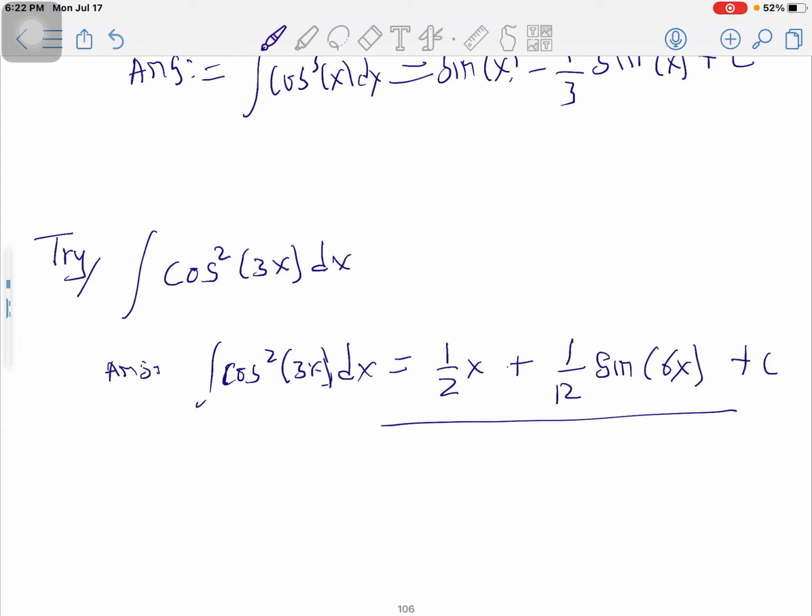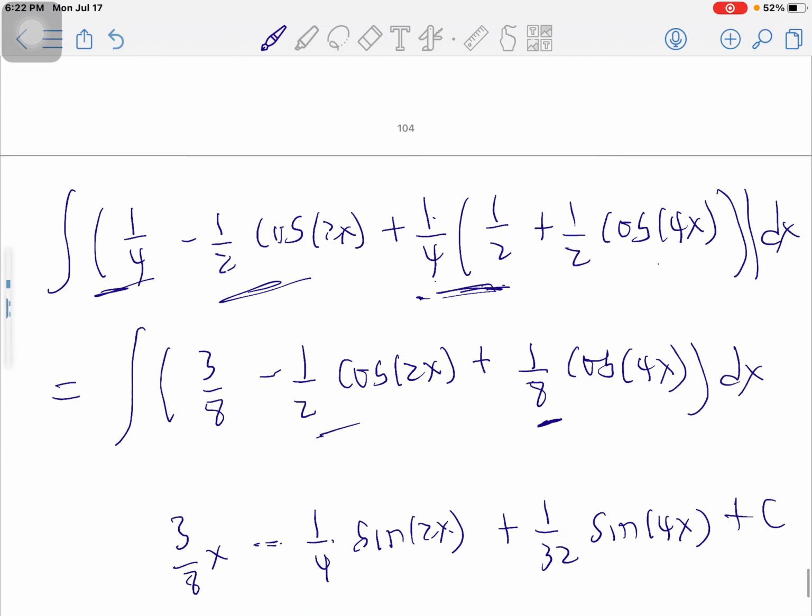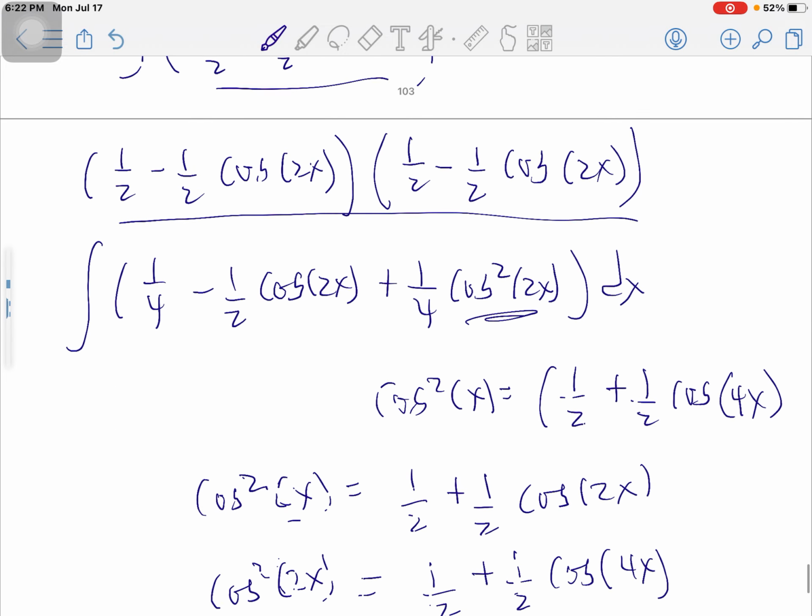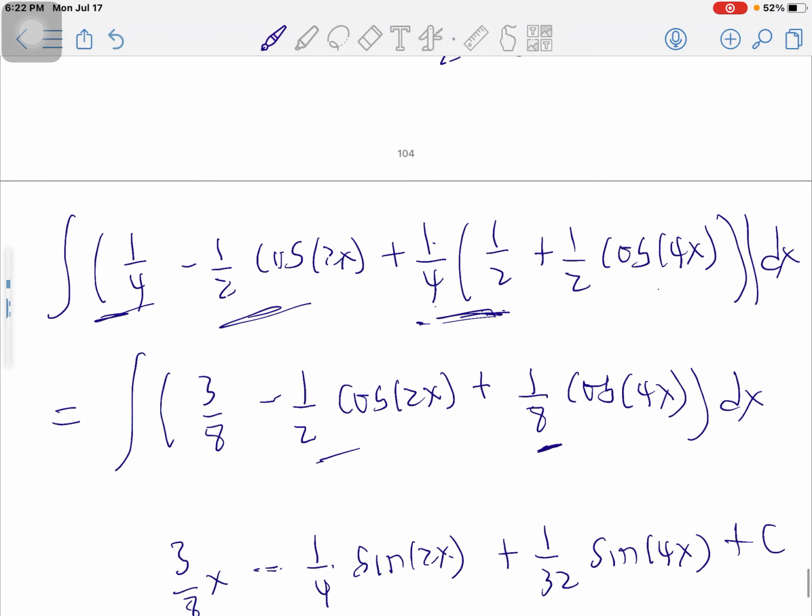We did a similar example with cos square of 2x. After you simplify everything in the expression, what you have to do is just multiply the expression inside the cos function by 2x.